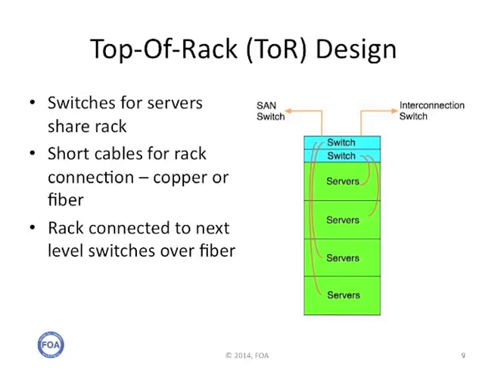In this design, the servers are in a rack with the switches that serve them, often at the top, hence the name. This makes the connection between the switch and the servers very short, so less expensive copper cables can be used within the rack, typically UTP or perhaps CX4, coax standard.